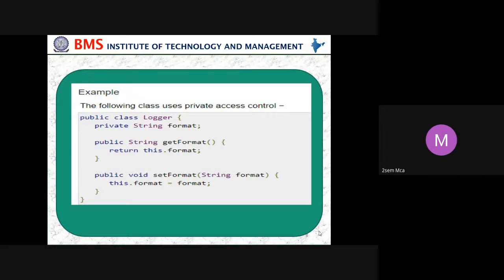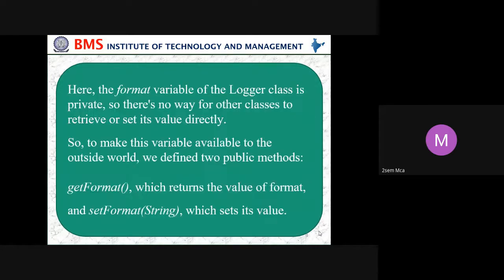Then public void setFormat, also a method, passing a String format to this function, then this.format = format. Within the class we use this, and the format variable is used in both the get method and the set method.